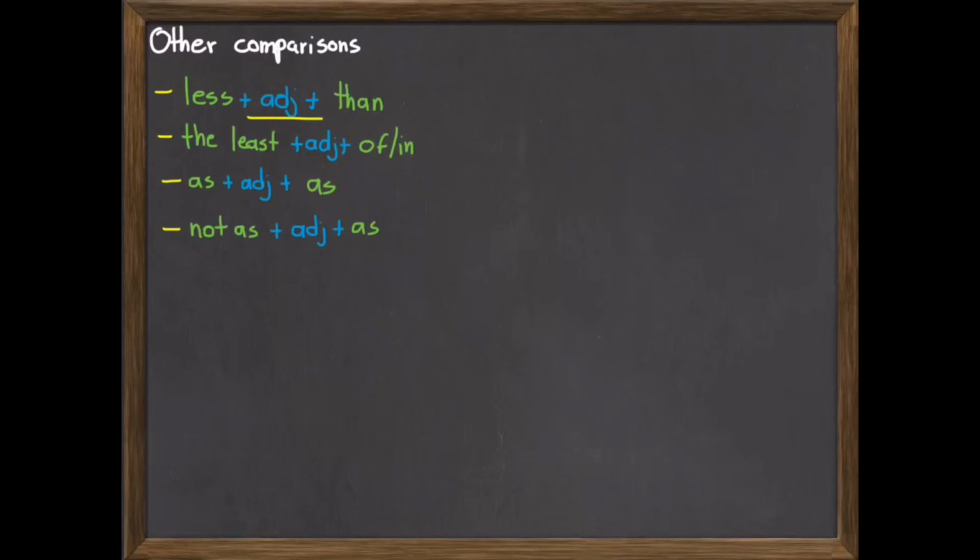Less, an adjective, and than. Also, the least and an adjective, and of or in. Also, as, an adjective, and another as. Not as, an adjective, and another as. We use these as follows.